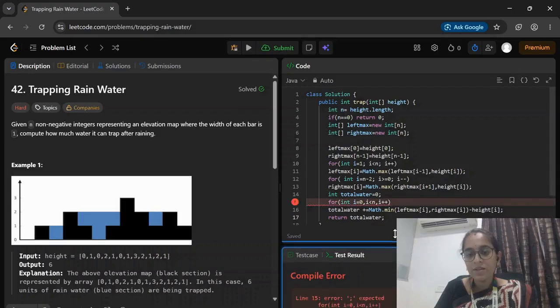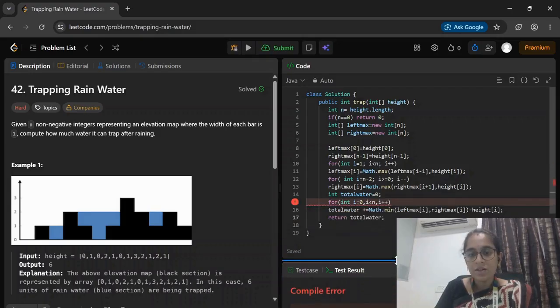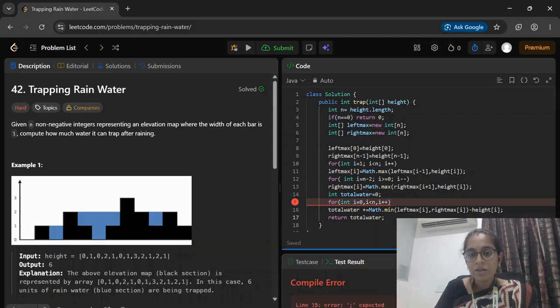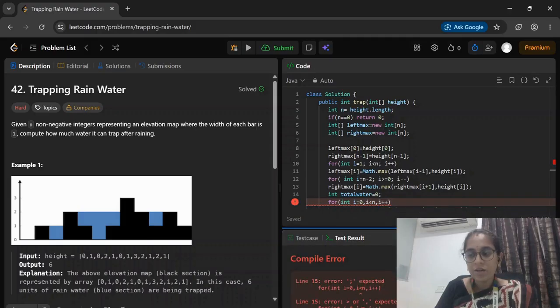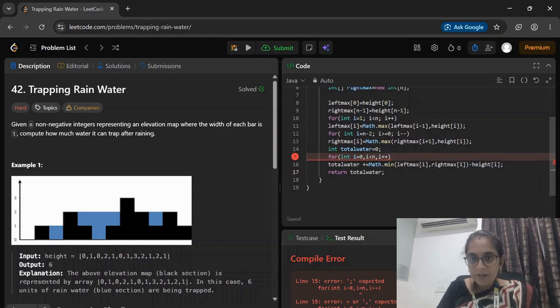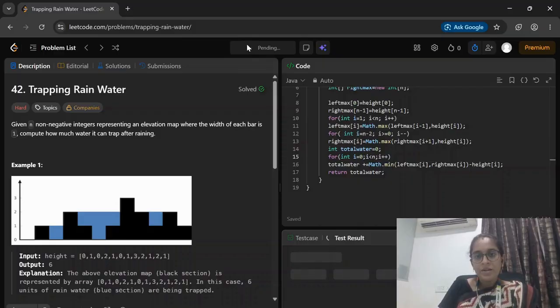we see an error being shown here. In the for loop, there should be a semicolon here and a semicolon here. Now run the problem.